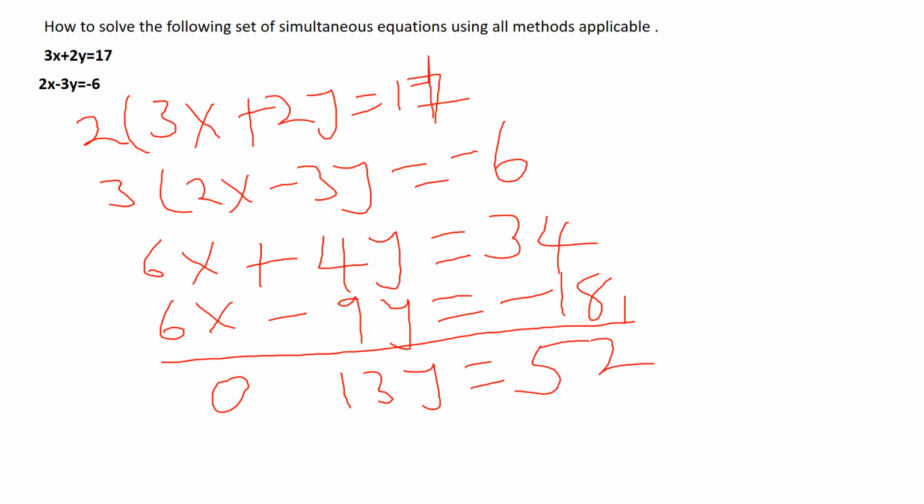Then we make y the subject by dividing by 13 on both sides. We cancel out and are left with y equals 4.